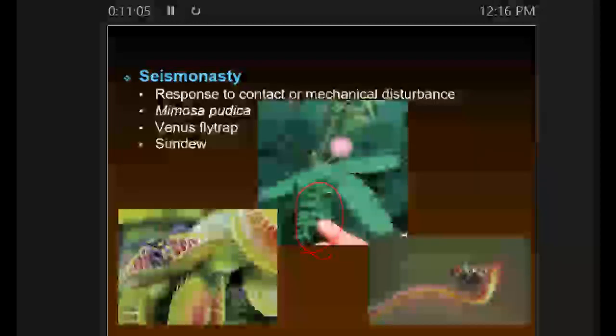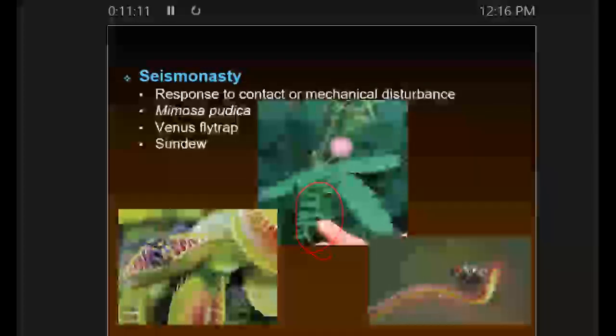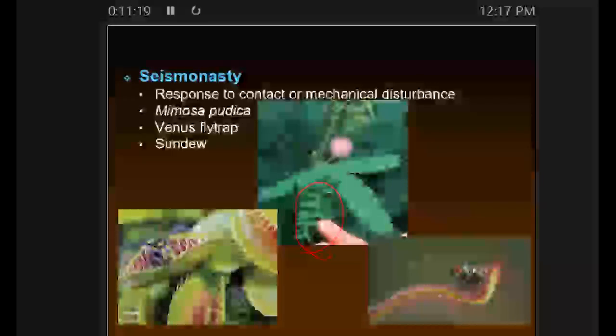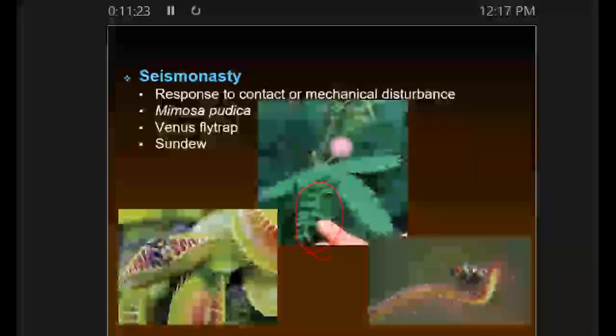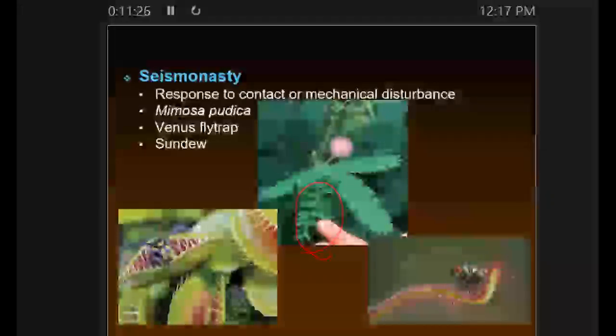And those droplets are very attractive to insects. They'll come along and try to drink or eat that, and they get caught in the stickiness of it. And then the whole leaf will start to bend around and capture the poor hapless fly and start digesting it from the outside. The plant starts releasing enzymes and breaks down the insect.